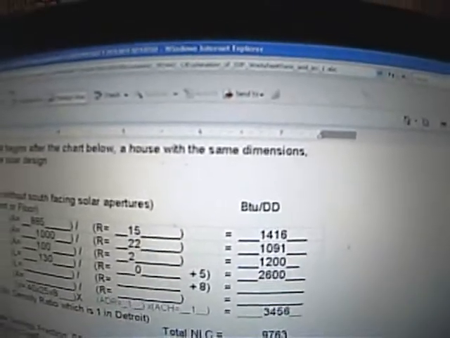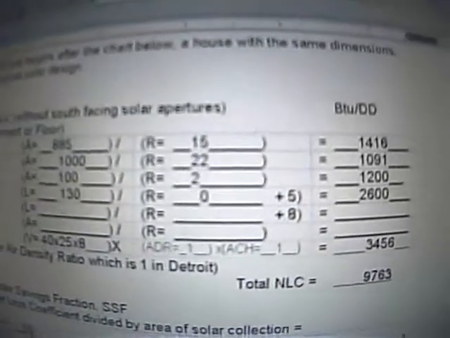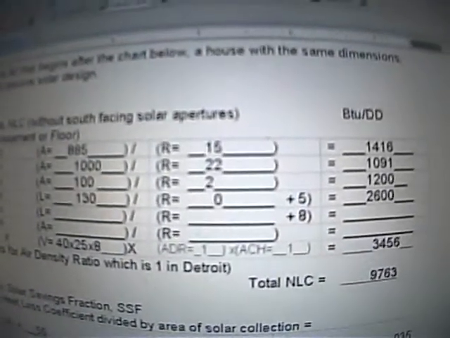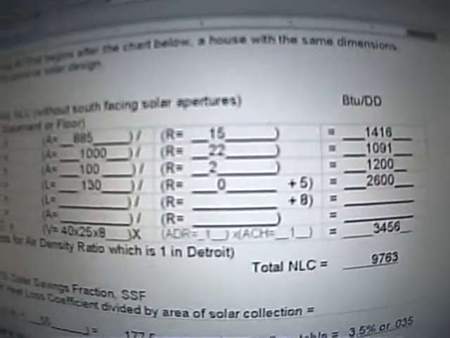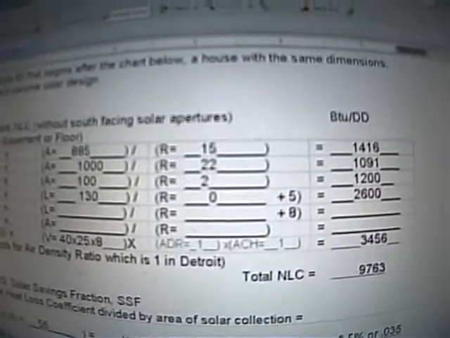The degree day is missing because our answer is in BTUs per degree day. Notice that when you're doing the calculations for the basement and for the slab, there's an extra number, plus 5 or plus 8, that you add to the R value to take into account the insulating value of the earth.